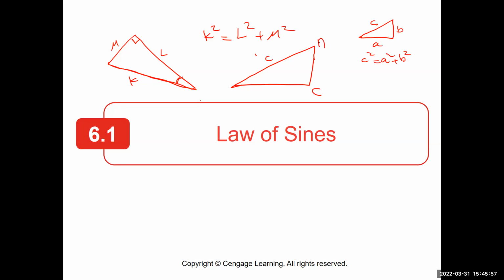This is A, and this is small a. This is B, and this is small b. So basically, the small letters are the lengths of the edges. A, B, and C are the vertices and the angles. Here, C equals 90 degrees.